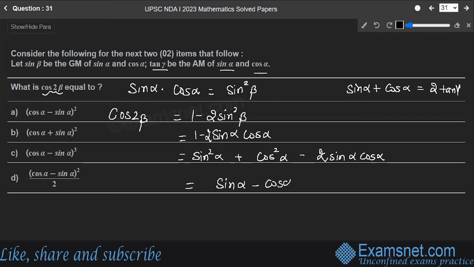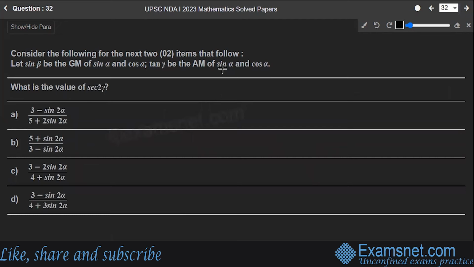And this is present in the option. This can also be written as cos alpha minus sine alpha whole square. So we have option A as the correct answer. Hope that's clear. Easy question that was.